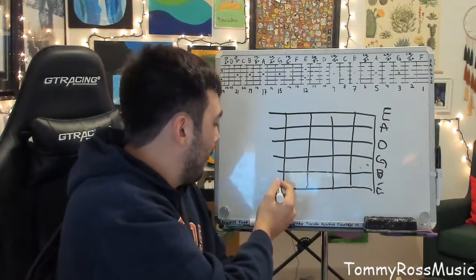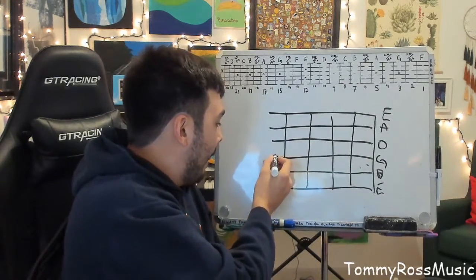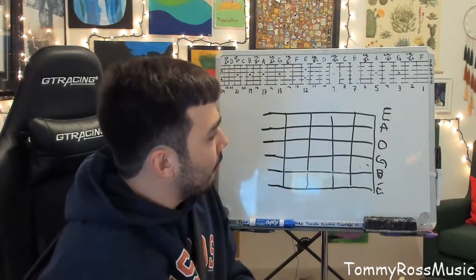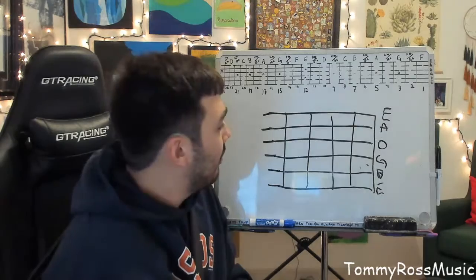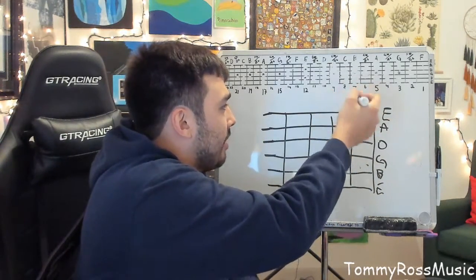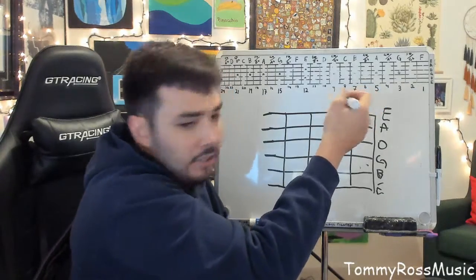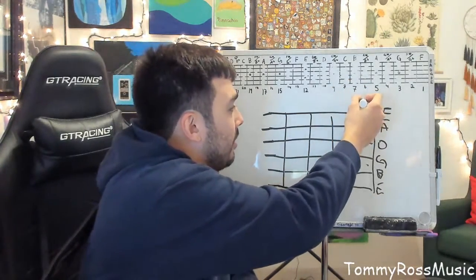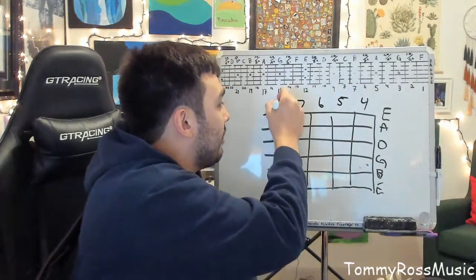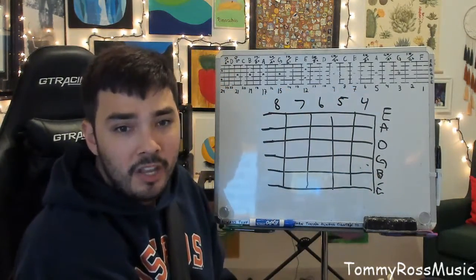Boom. For instance, we'll say that we're in the key of A. Why not? So this will be our 4th fret, this will be our 5th fret, 6th fret, 7th fret, 8th fret, okay?